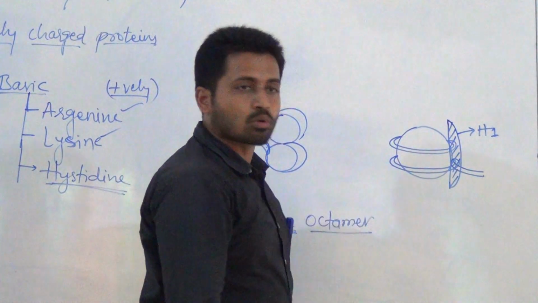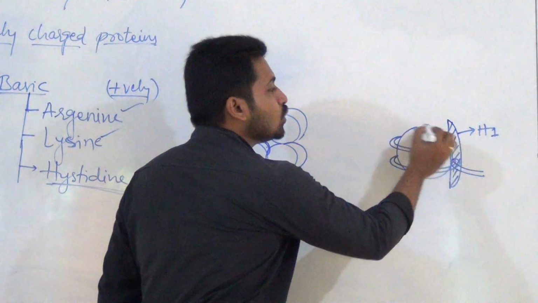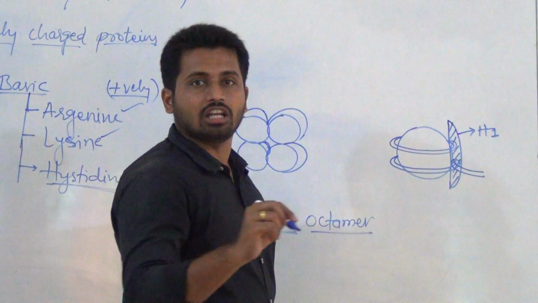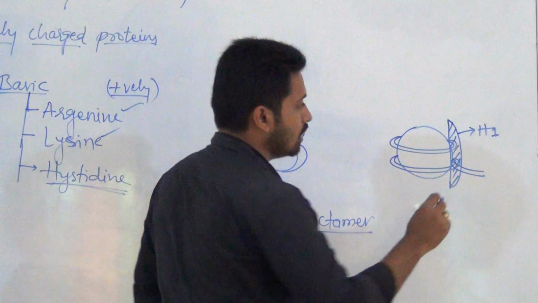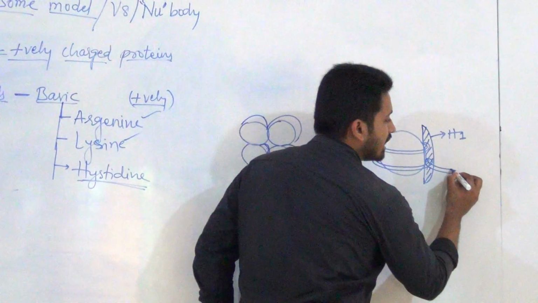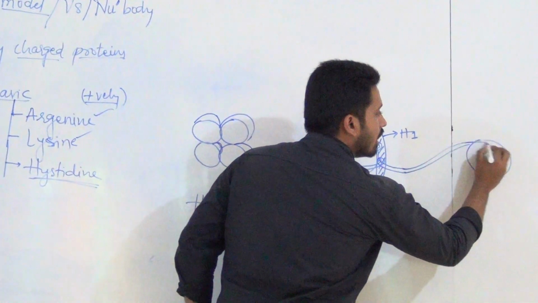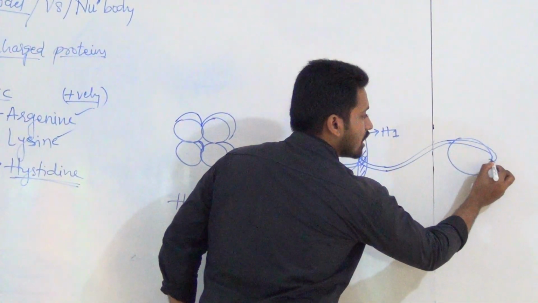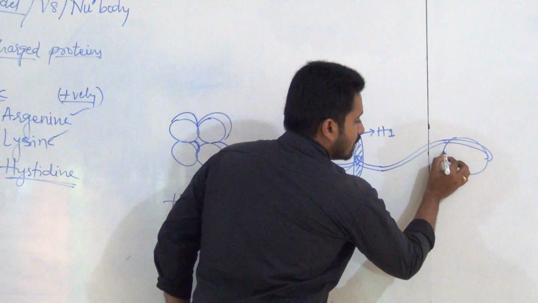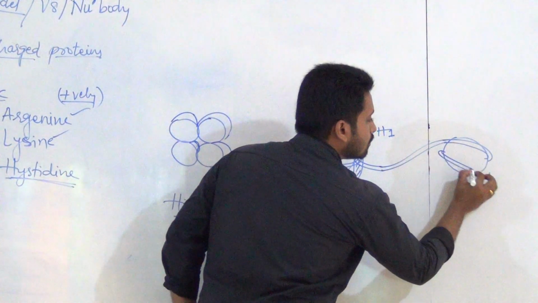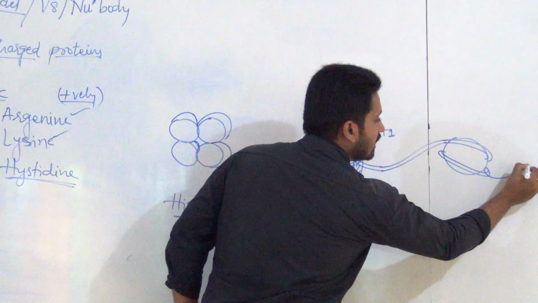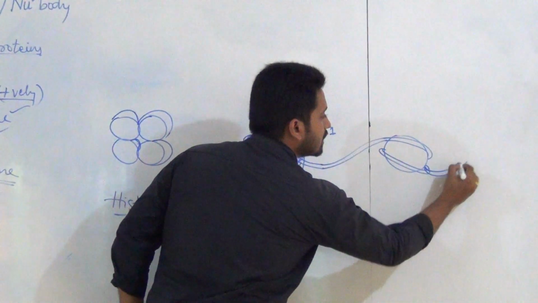Okay, in these, 8 proteins are present. Now who is going to wrap here? That is our DNA molecule. Now this DNA comes again here. It wraps another histone protein molecule, and then again exits from here.